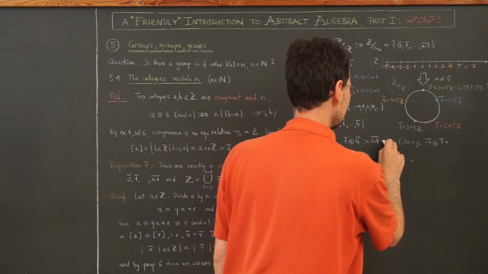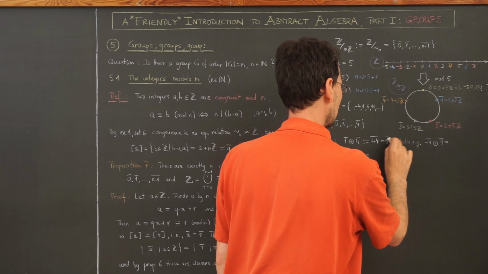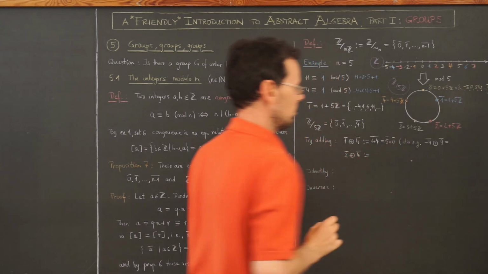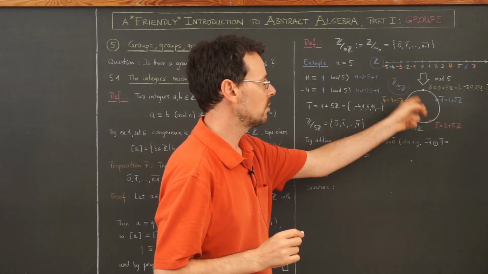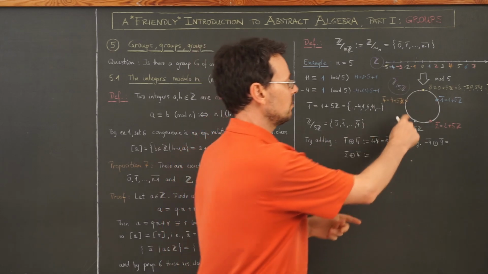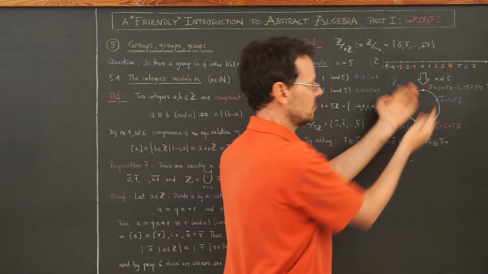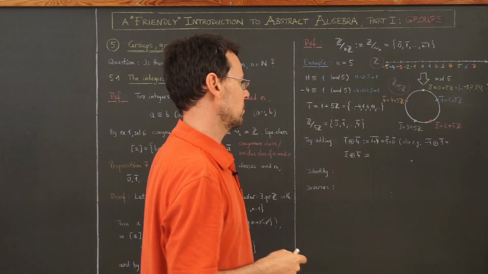So this is the residue class of 5. But the residue class of 5 is just 0. So I end up with 0, which is in perfect agreement with this watch picture here, because 4 plus 1 gives me here this dot, the residue class of 0.